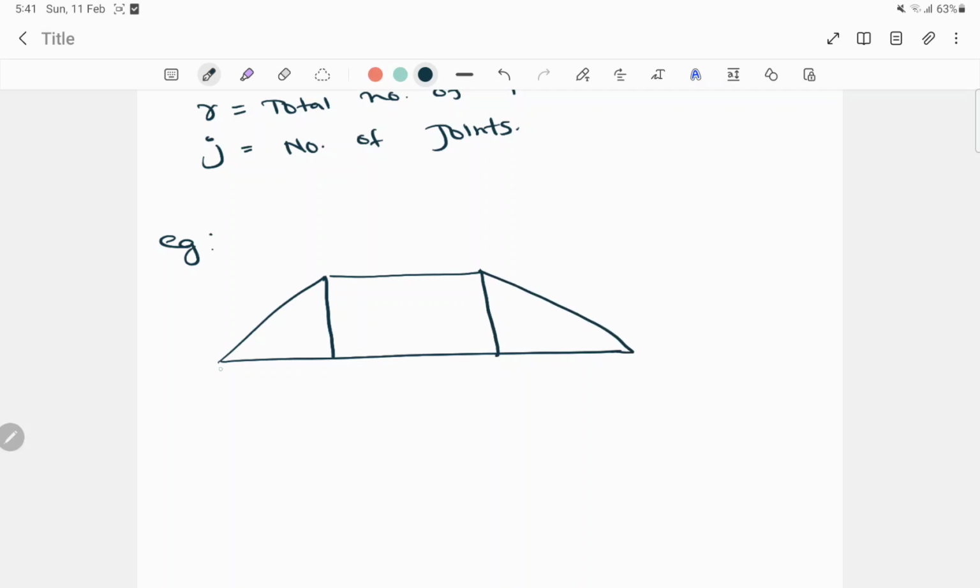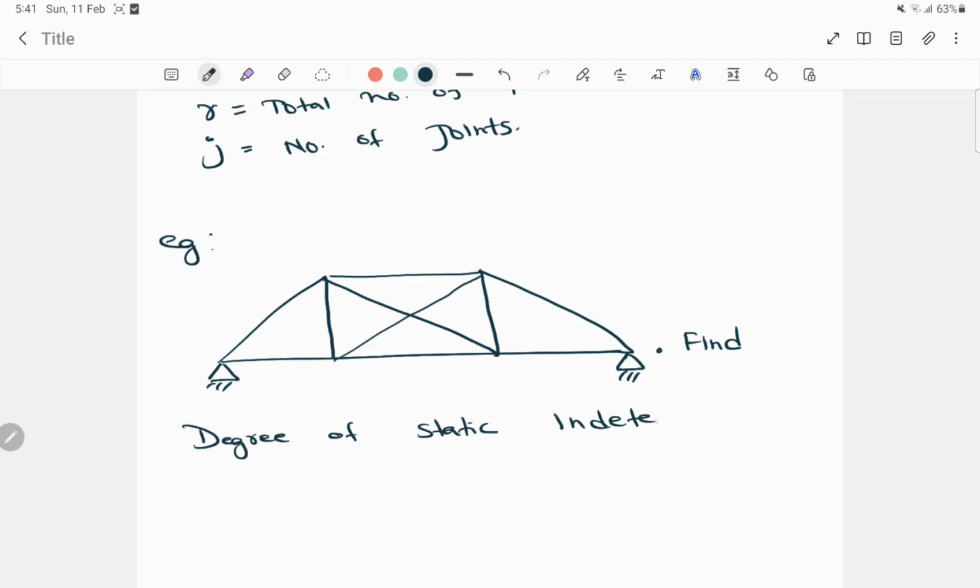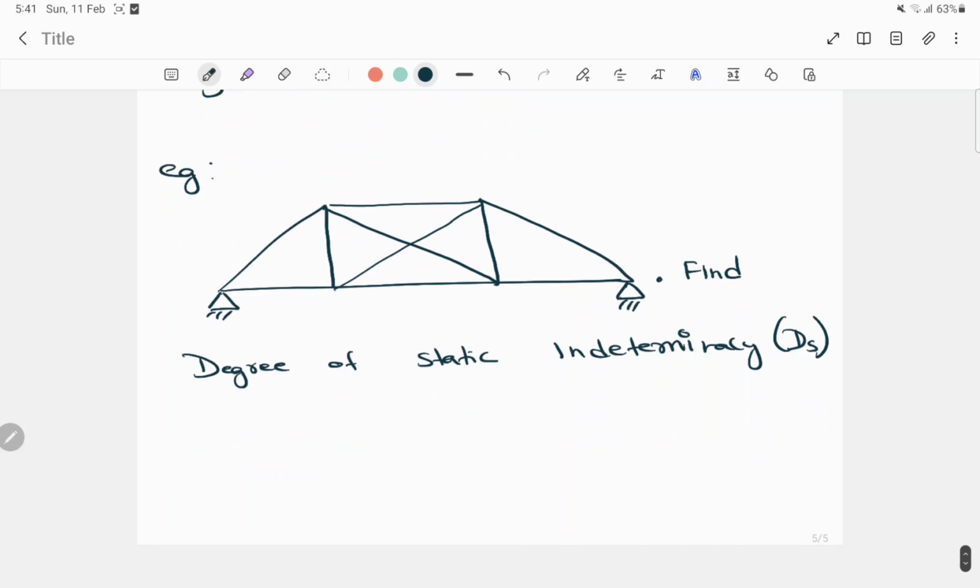Here both the sides are hinge supports. Now what we have to do is find the degree of static indeterminacy, that is ds, for this plane truss.